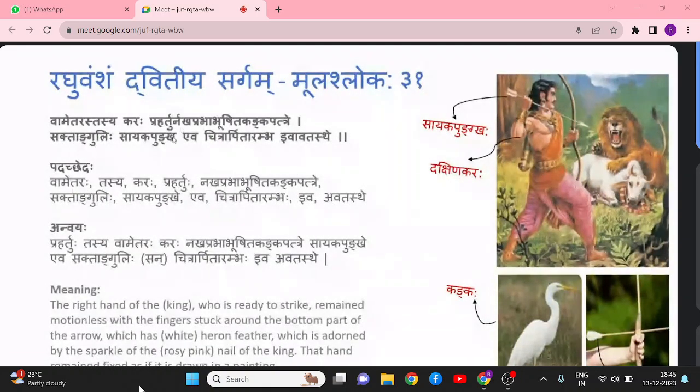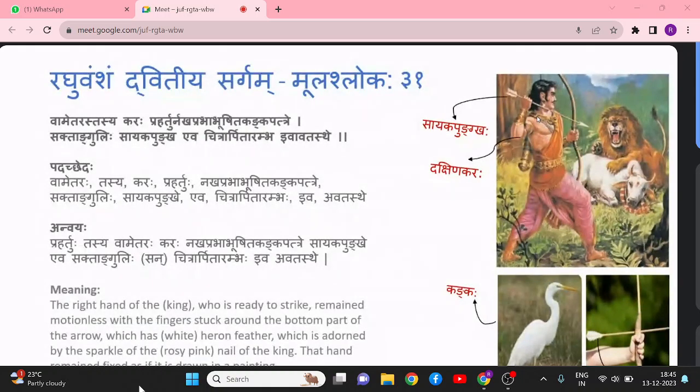That is a vishesha of Sayaka punkhe. Sayaka is the arrow, and punkha means the bottom part, not the tip, the other part. In the previous shloka, we saw that he took the arrow from the quiver.